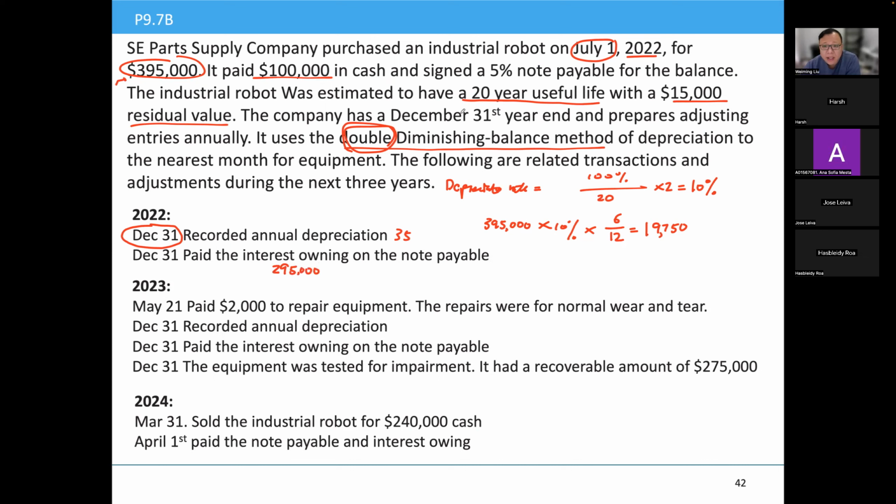And the interest rate you have to pay is 5%. Again, as of December 31st, from July 1st to December 31st, this is only 6 months, so you have to consider the proportion 6 out of 12. So this would be the amount of interest you need to pay.